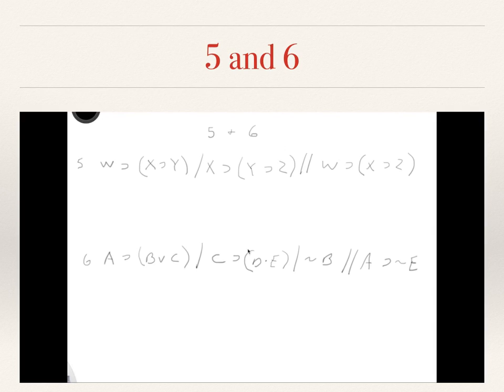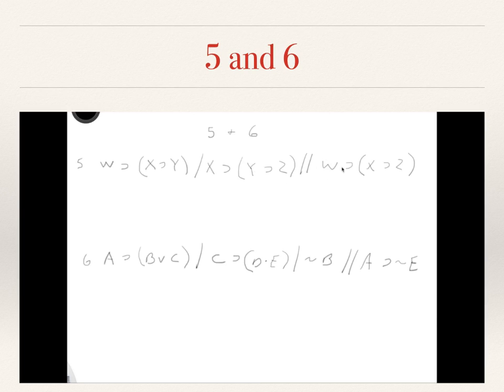I'm going to do the indirect truth method for the arguments that are in exercises for 6.5, section 2. This is numbers 5 and 6. As you'll recall, when you're doing a truth table approach to an argument, you put it on a single line with the double slash before the conclusion.